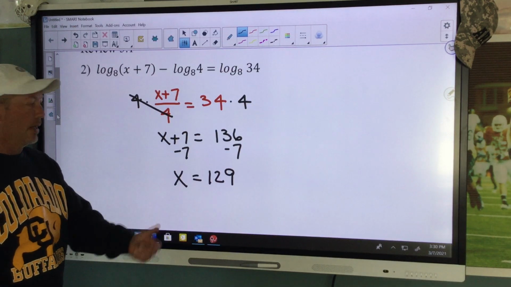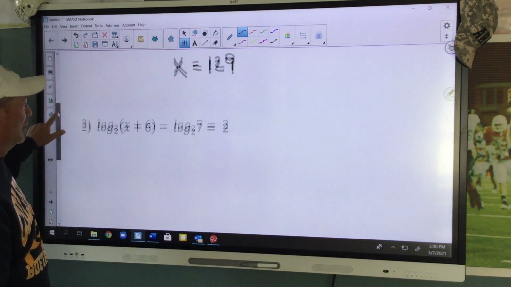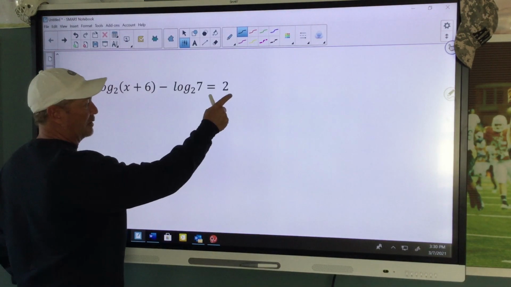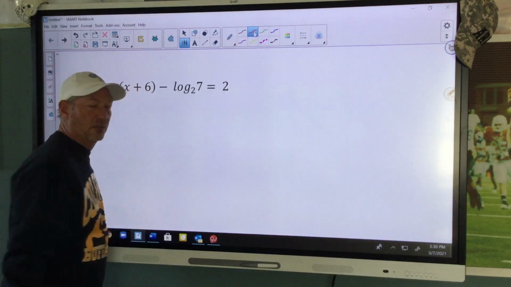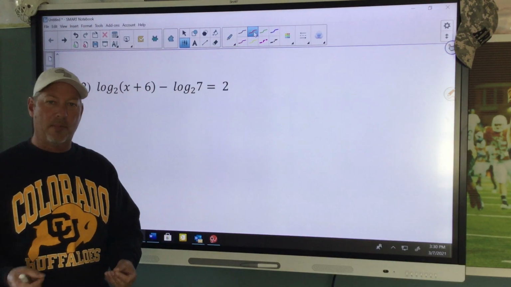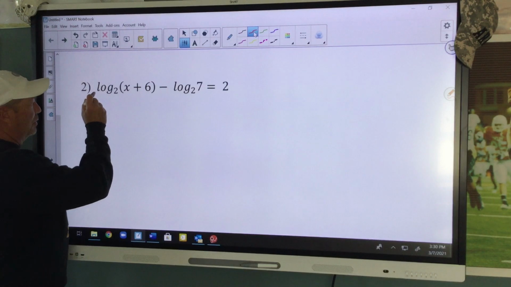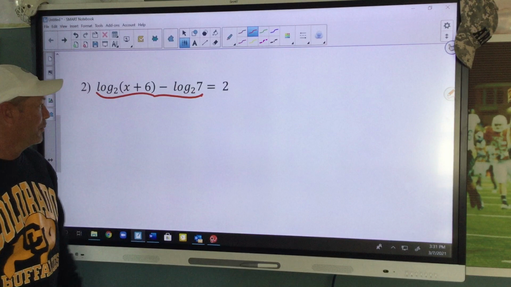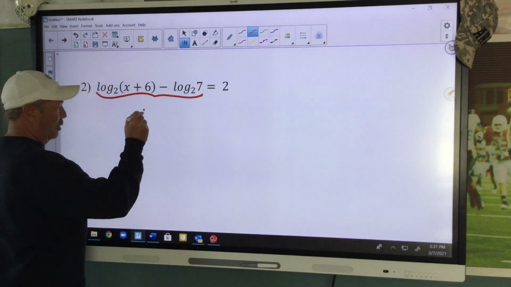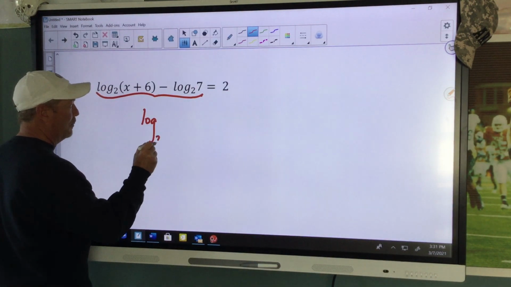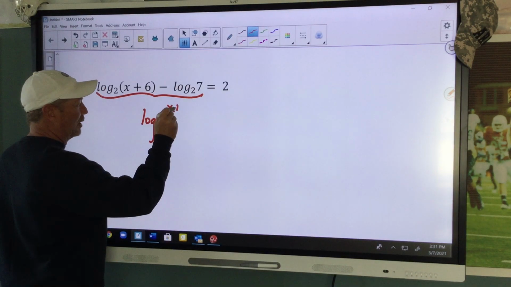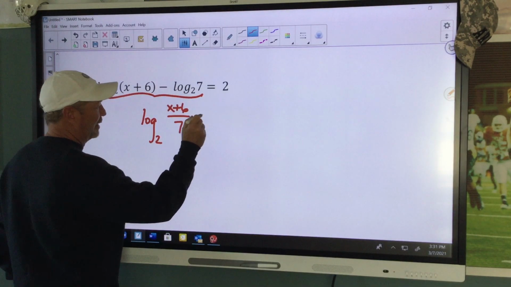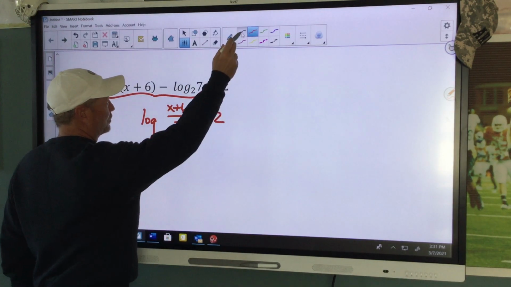Okay, it's not a bad way to start. Next problem, it says log base 2, but this does not have log base 2. So when that happens, it doesn't drop out, but we will ask you to condense this portion, okay? So we would say log base 2 x plus 6, in this case that minus means to divide, by 7 equals 2.